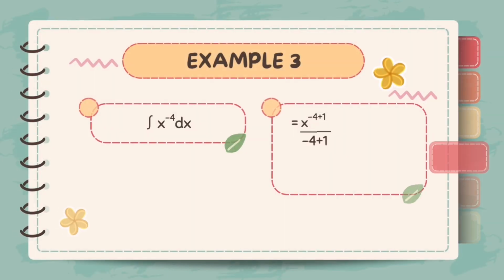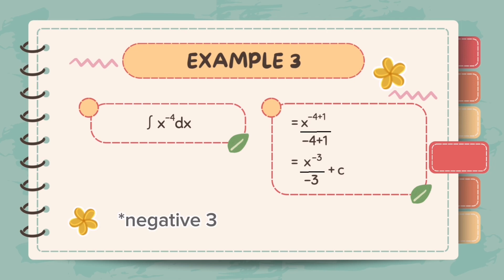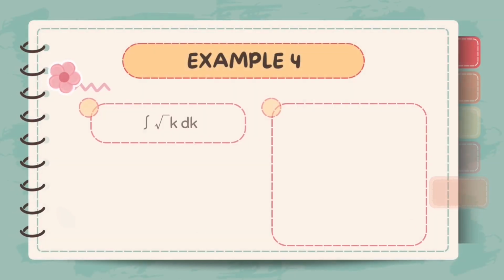Adding 1 to the exponent, we will have negative 4 plus 1, as well as our denominator. Negative 4 plus 1 is negative 3. For our denominator, we will just copy the exponent and then add c. So, our final answer will be x raised to negative 3 over negative 3 plus c.